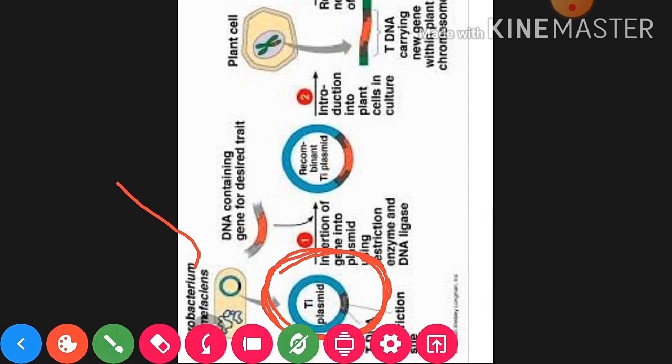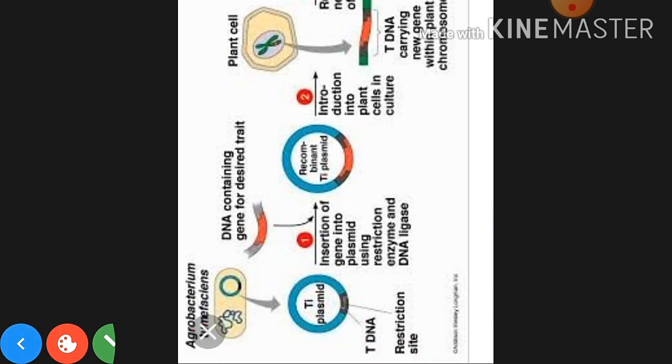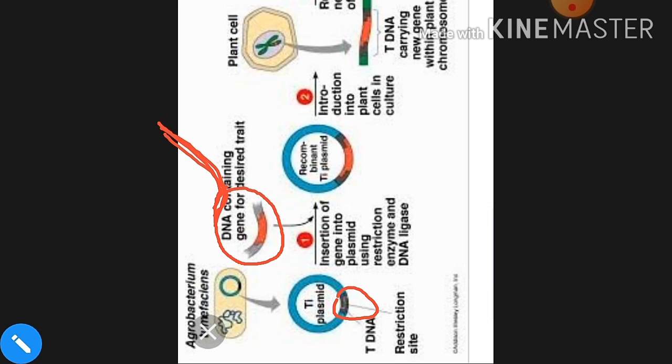Clear? So how can we transfer this DNA now? First this DNA we will have to transfer into the plant. So first this DNA we will have to ligate in this tDNA part like here. Okay, here this is ligated. Clear? You can see here this is ligated with the help of the enzymes restriction endonuclease and DNA ligase.